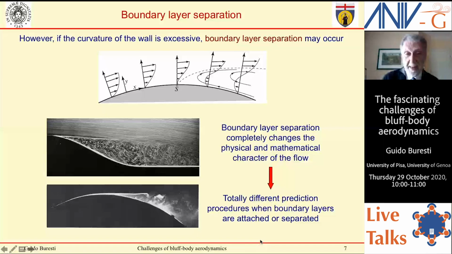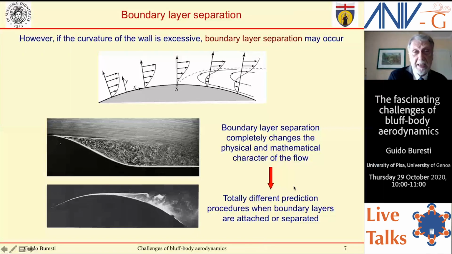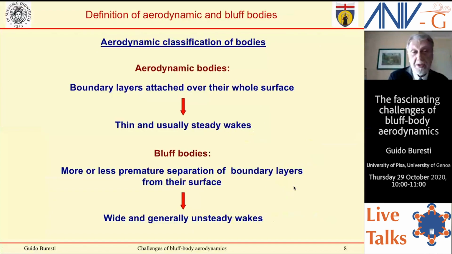So at last, we may classify our bodies into aerodynamic bodies, those for which the boundary layer remains attached over the whole surface and which produce thin and usually steady wakes, and bluff bodies, which are characterized by a more or less premature separation of the boundary layer from the surface and always give wide and generally unsteady wakes.